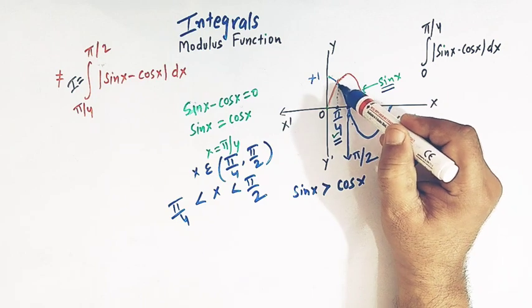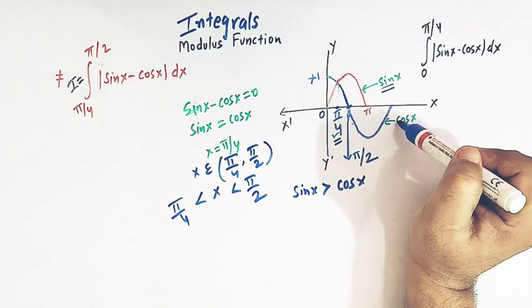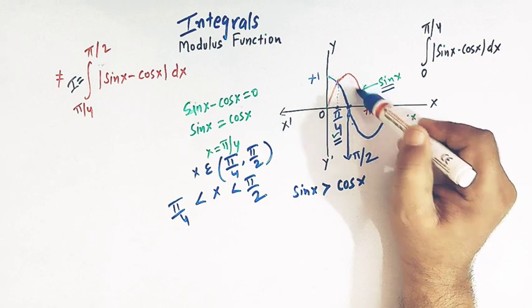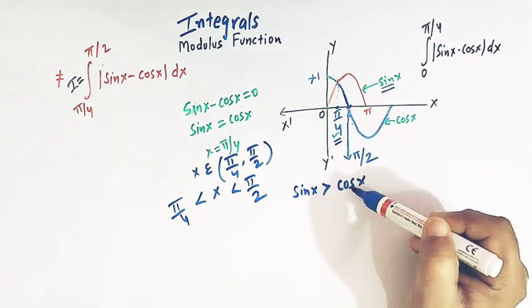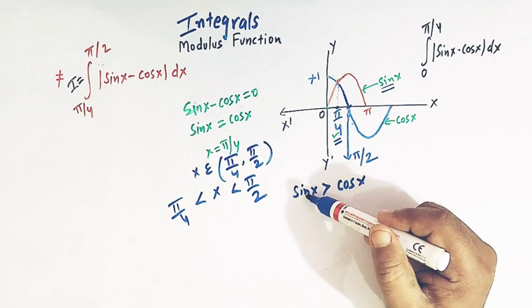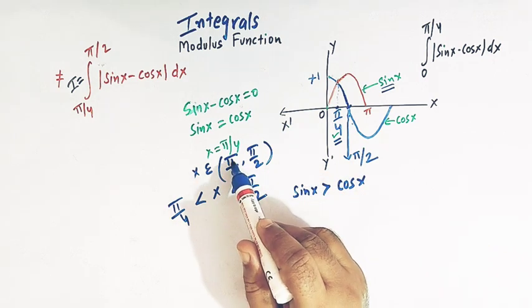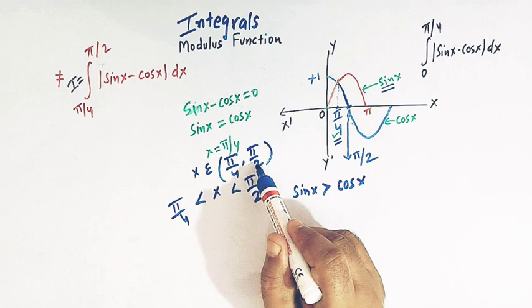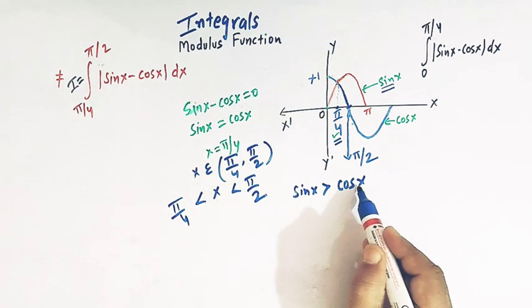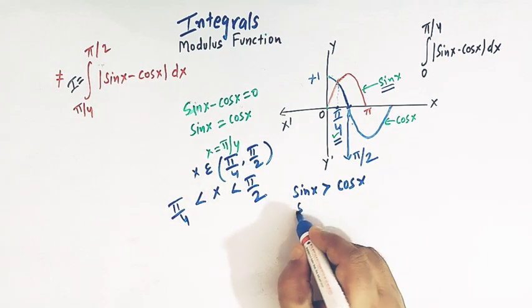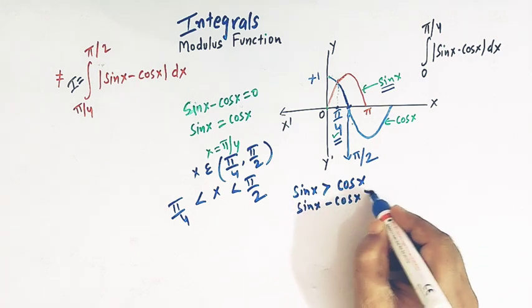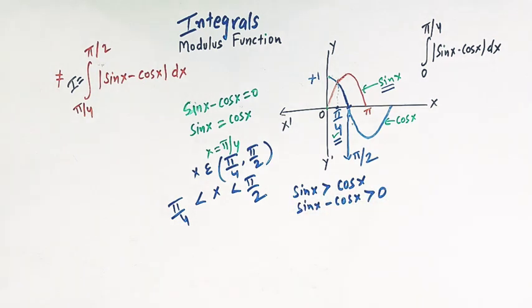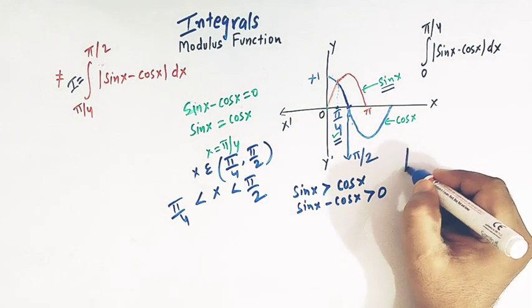So cosine x is always less than sine x in this interval. If we take cosine x to this side, we get sine x minus cos x greater than 0.